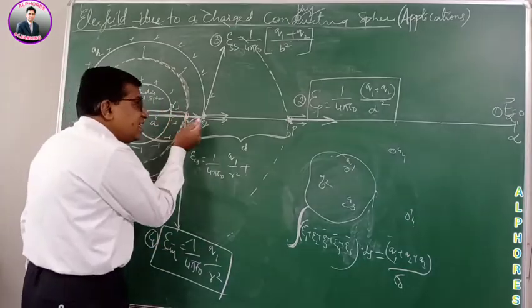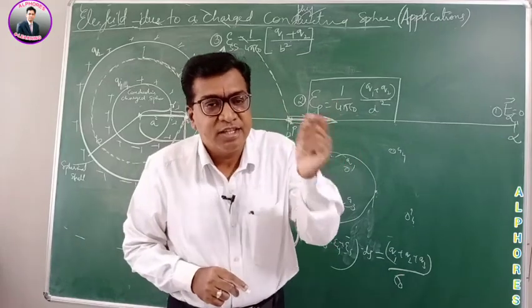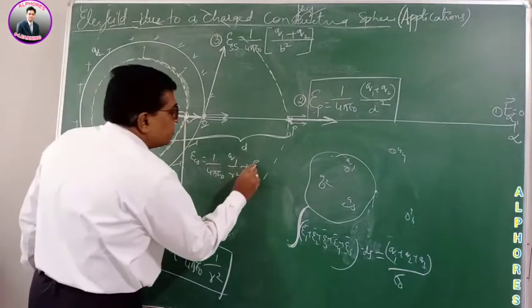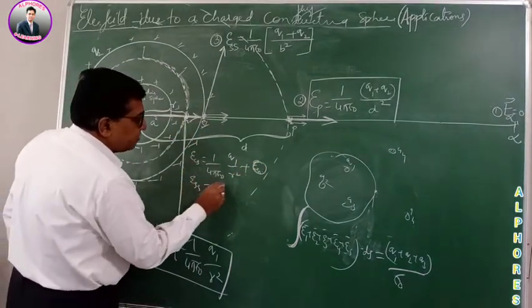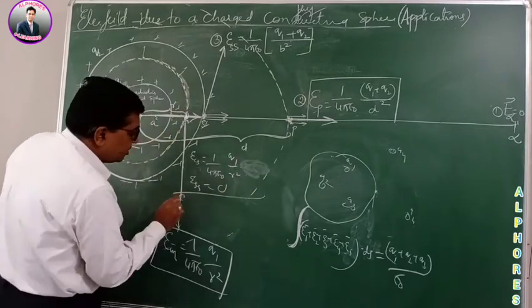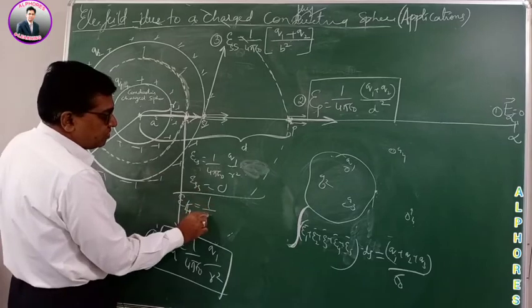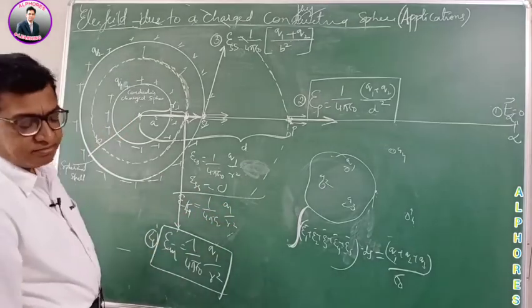This point is inside the spherical shell. We have learned that for a spherical shell, there is no charge inside, so the field is 0. So the total electric field at the fourth point, adding both, is 1 by 4 pi epsilon naught Q1 by R square. Simple. Right?